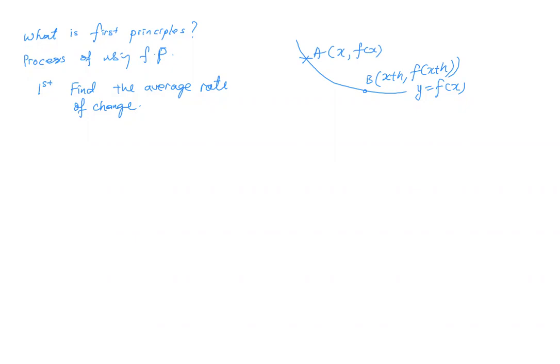How to get the average rate of change between A and B? Use the gradient formula of y2 minus y1 over x2 minus x1. Yeah, so find the average rate of change. So that means this is represented by the slope of chord AB.